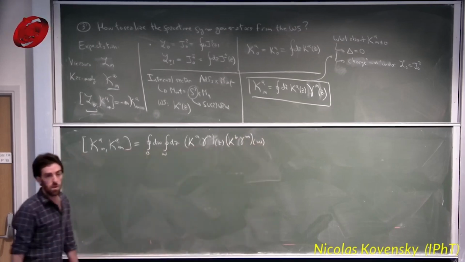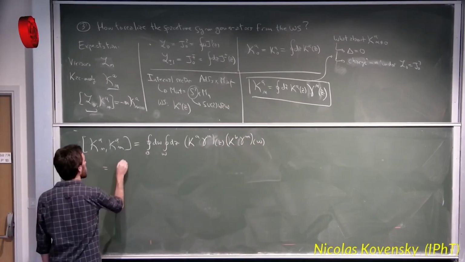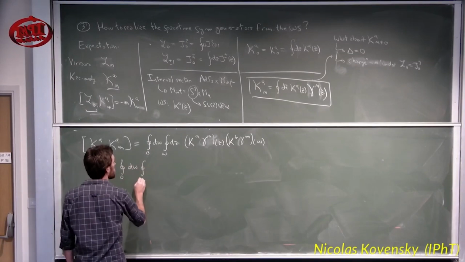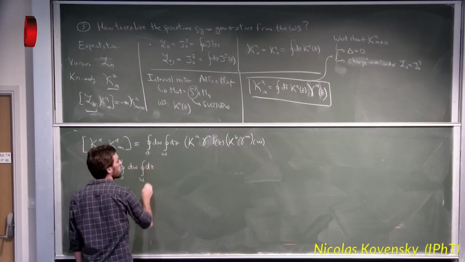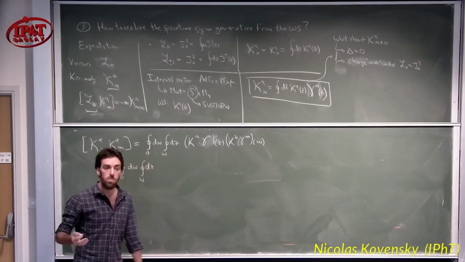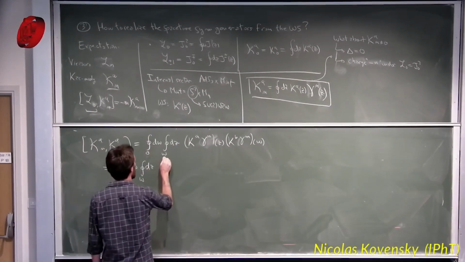This is exactly what I want to compute. So the first step for this, I think it's nice to do it explicitly, is to use the OPE between this K and this K, right? We know what the OPE is because we know what the worldsheet algebra is.